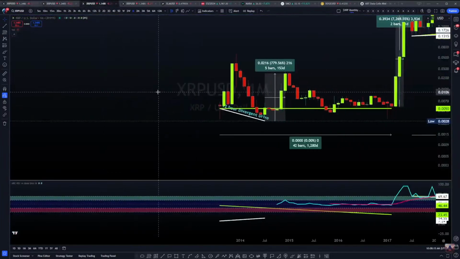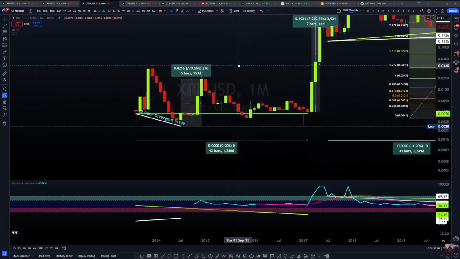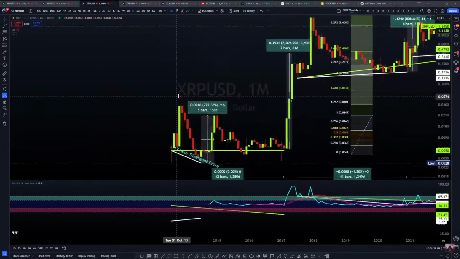Let's go back. So from the third one, from the divergent drive low, there is a 780% jump to the upside, low to closing basis. Okay, so if we look at phase number 1, 2, and 3, right?